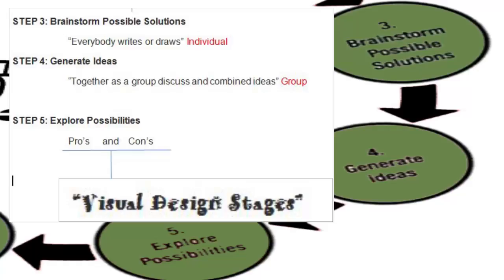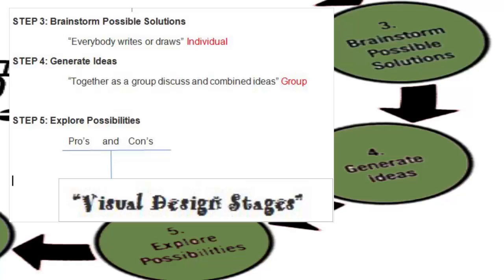So if we're working in pairs of 2, one student says the rubber band car should have 3 wheels because it would be better guided on a straight line that way. Another student says 4 wheels for stability. They would make a compromise and then both draw the same picture or write the same explanation for step 4.